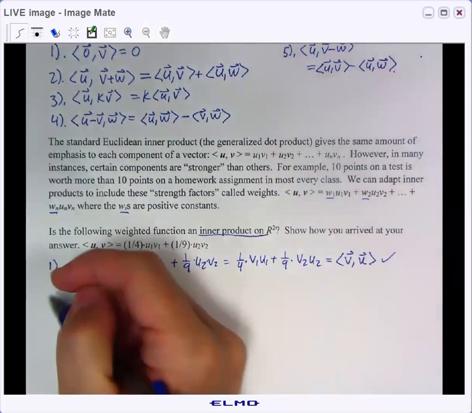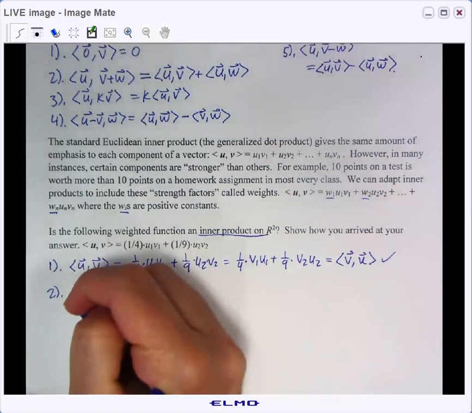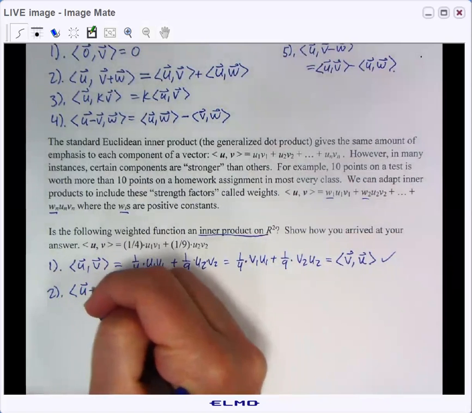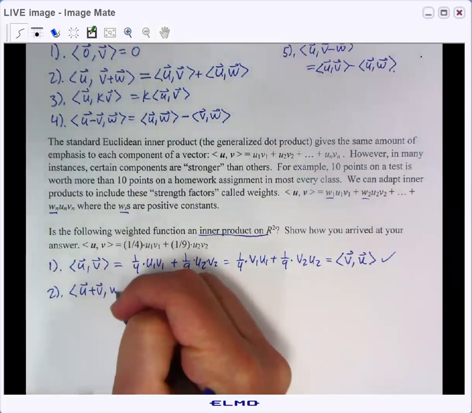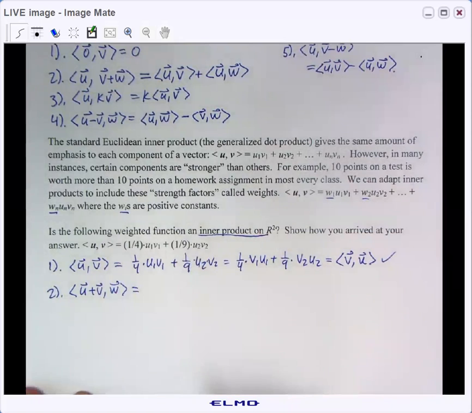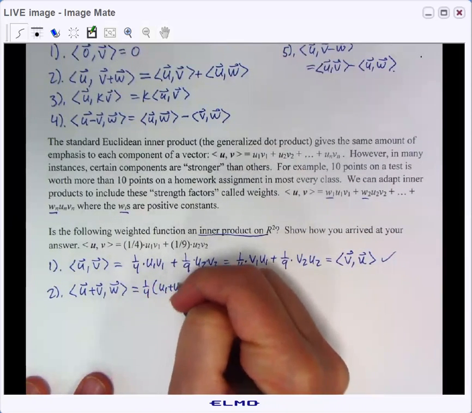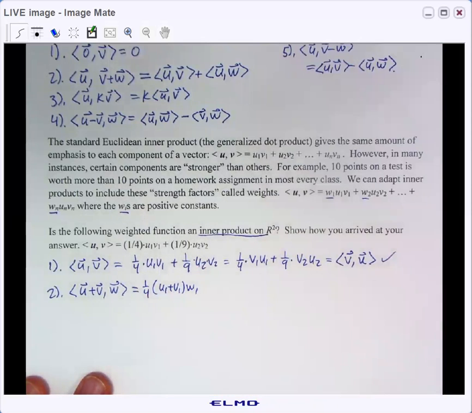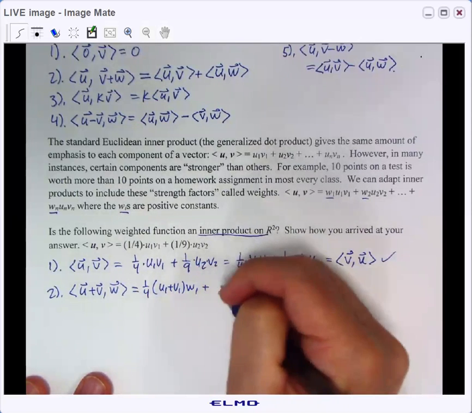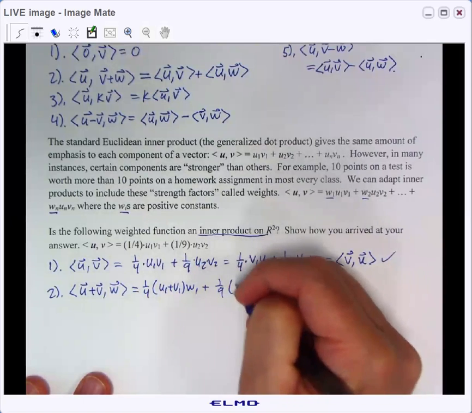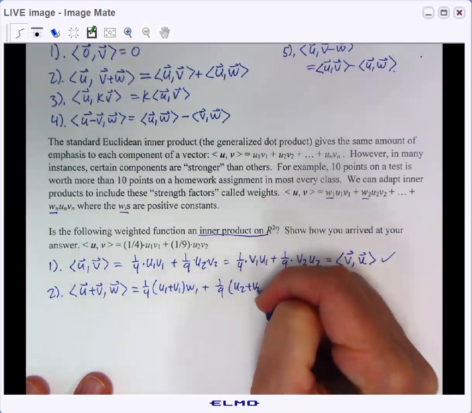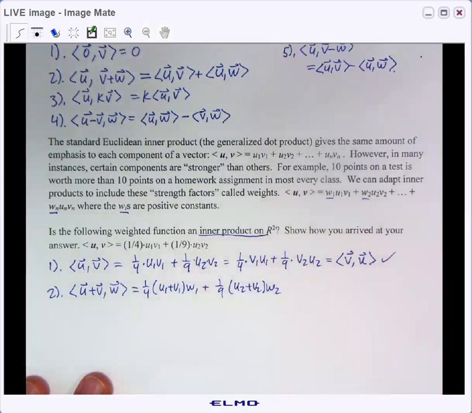Okay, let's go to axiom number 2. U plus V inner product W. Well, that's going to be 1/4 times U1 plus V1 times W1 plus 1/9 times U2 plus V2 times W2.